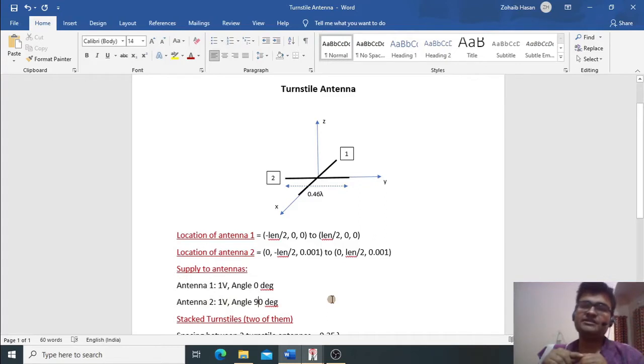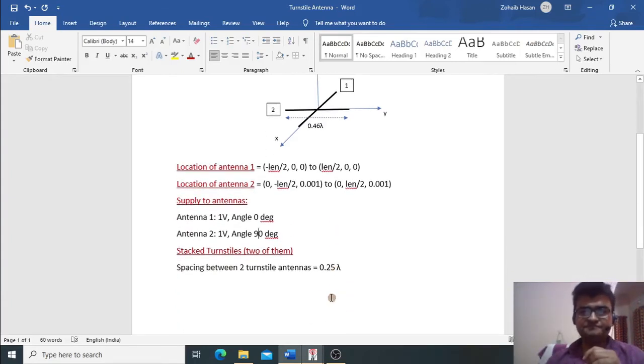So these two antennas are not exactly out of phase, they are 90 degrees out of phase. They are not 180 degrees, they are not the same phase, they are 90 degrees out of phase. Only this requirement will make the turnstile antenna behave as they say in the books and in the theory. So we have to follow this.